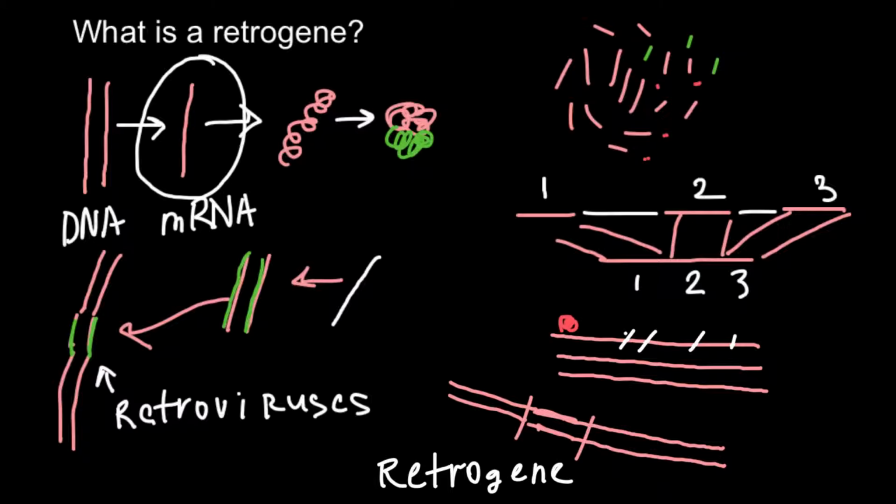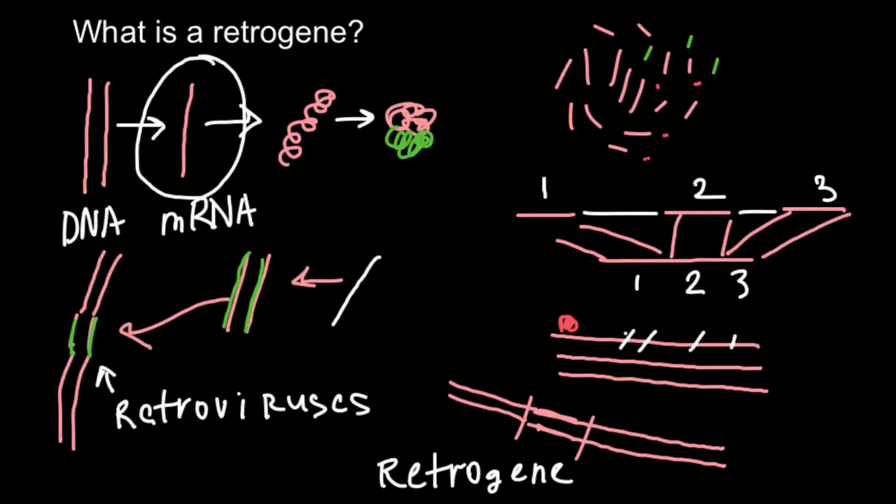We can distinguish it from the original gene because it has the same sequence but without introns. Of course, another variant of the same gene must be present, the variant that includes introns.